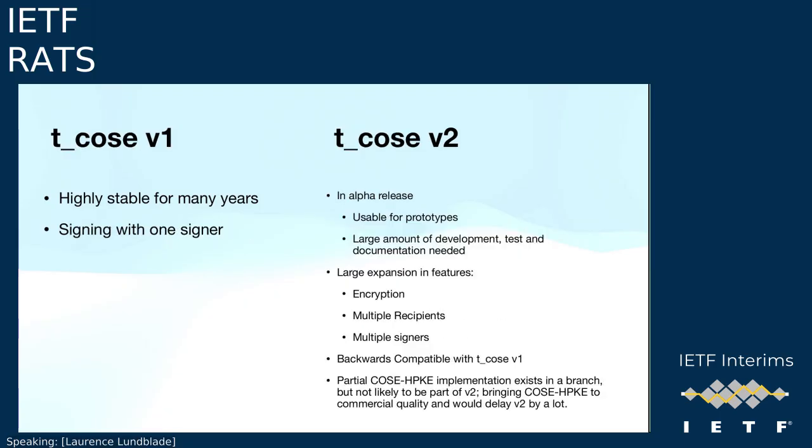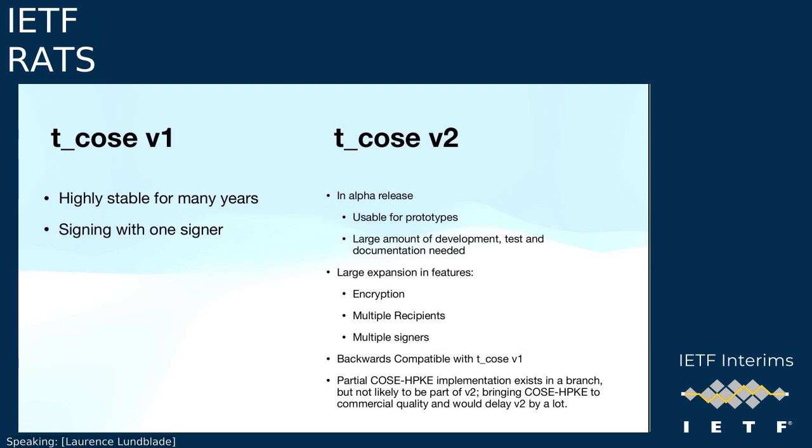Next slide, please. tcozy v1 is also highly stable for many years, a very straightforward, solid implementation of COSE signing. It's just the single signer in tcozy v1. TCOSE v2 is quite a large jump in size and complexity because it supports encryption, multiple recipients, multiple signers.